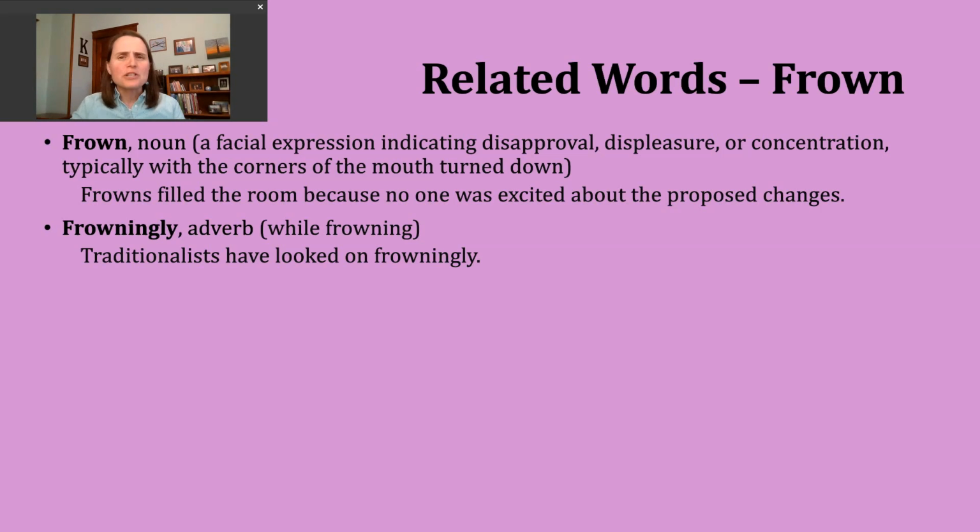So a traditionalist is someone who believes in kind of the way things have been done for a long period of time. And so again, maybe we have some new change, a new way of doing things, right? And now frowningly is describing our phrasal verb here, looked on, right? How are they doing it? In a way that indicates they are displeased or that they do not approve.